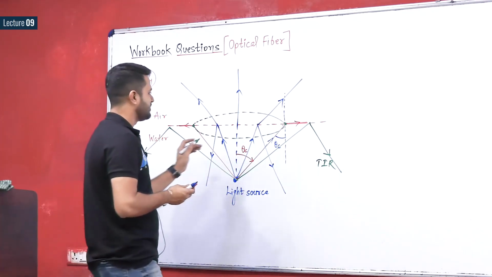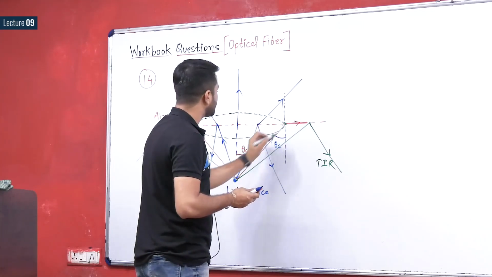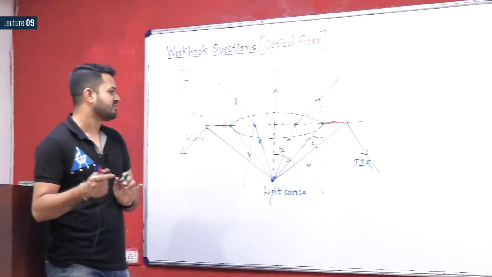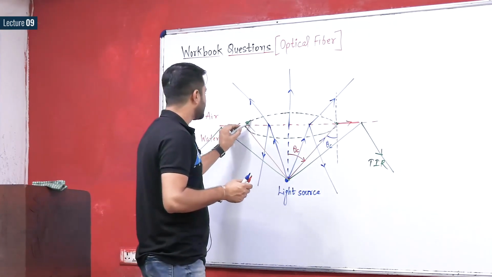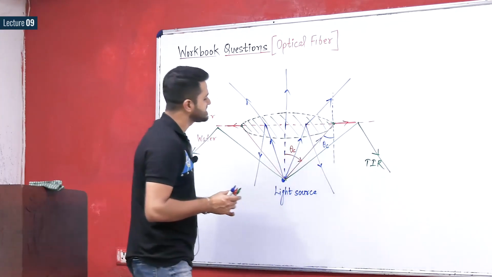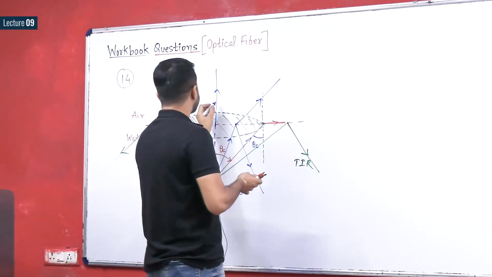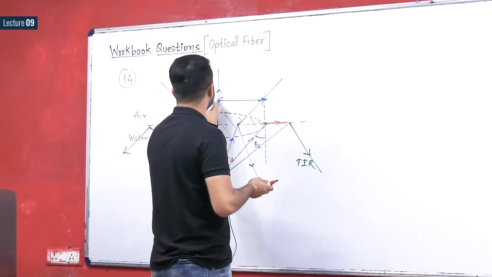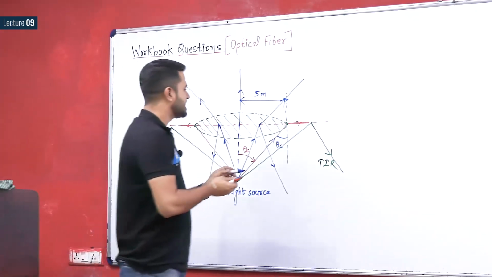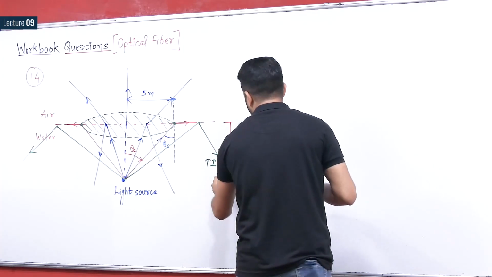Whenever this type of question is given to you, there is another question of this type in the chapter plane wave propagation practice question, in which it is given that it forms a circular cone or something. So this is the circular portion which it is forming, and this distance is given to you, and this distance is 5 meter, and we have to find the distance d at which this light source is placed.